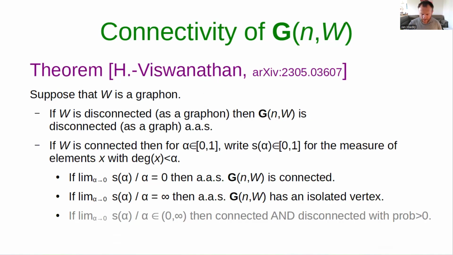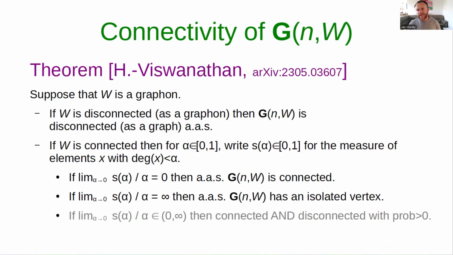So somehow a compact way of thinking about this theorem is that there is a clear obstacle for linear sized disconnectivity, and there is another clear obstacle for isolated vertices. And these are sort of two extreme versions of disconnectivity.